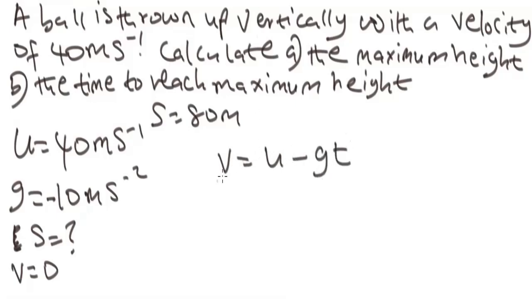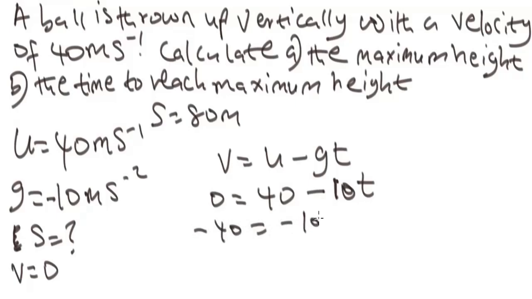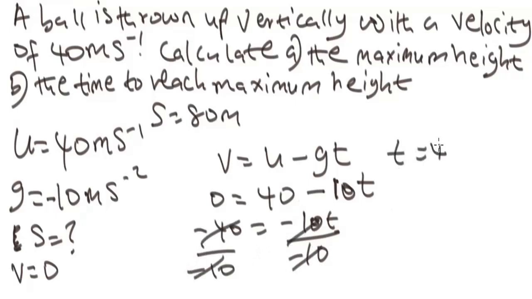When you substitute, our v is 0, so 0 equals 40 minus g, which is 10, times t. Now we make t the subject of the formula: minus 40 equals minus 10t. Divide both sides by minus 10. Therefore our t will be 4 seconds. This will be the answer for this question.